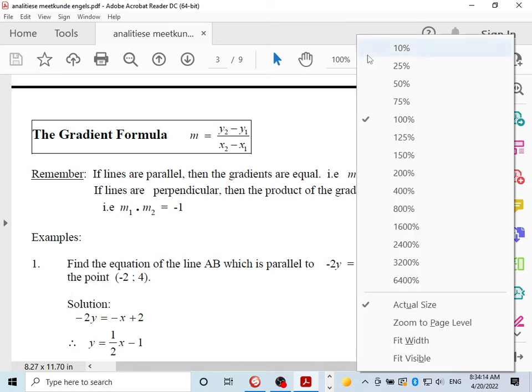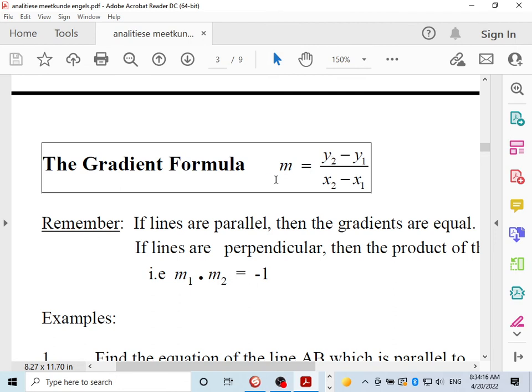So in algebra, we usually write a is equal to y2 minus y1 divided by x2 minus x1. Doesn't really make a difference, hey? But in analytical, we use m as the symbol or the variable for gradient. Okay, this is also just a substitution into the formula.